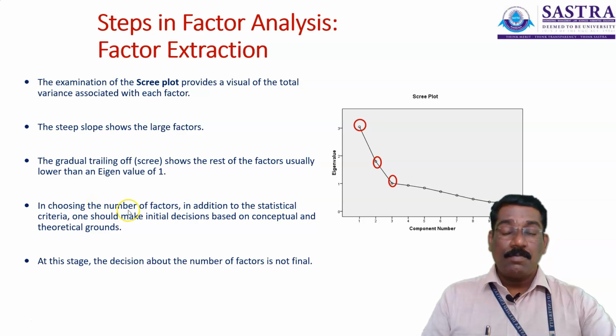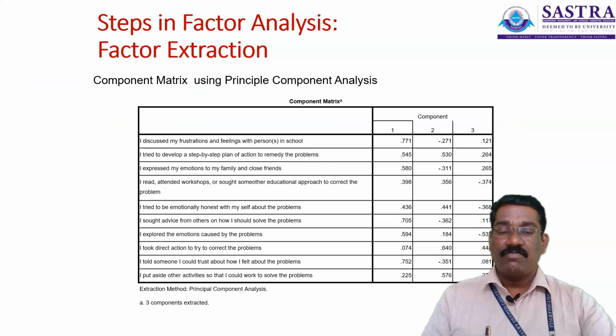In choosing the number of factors, in addition to the statistical criteria, one should make initial decisions based on conceptual and theoretical grounds. At this stage, the decision about the number of factors is not final, but by looking at the variance, we can compare and conclude how many factors have emerged.